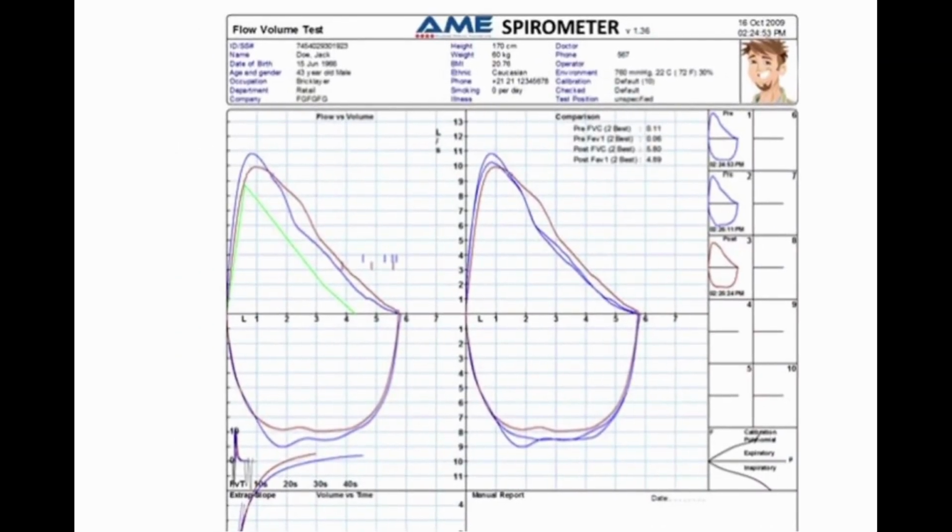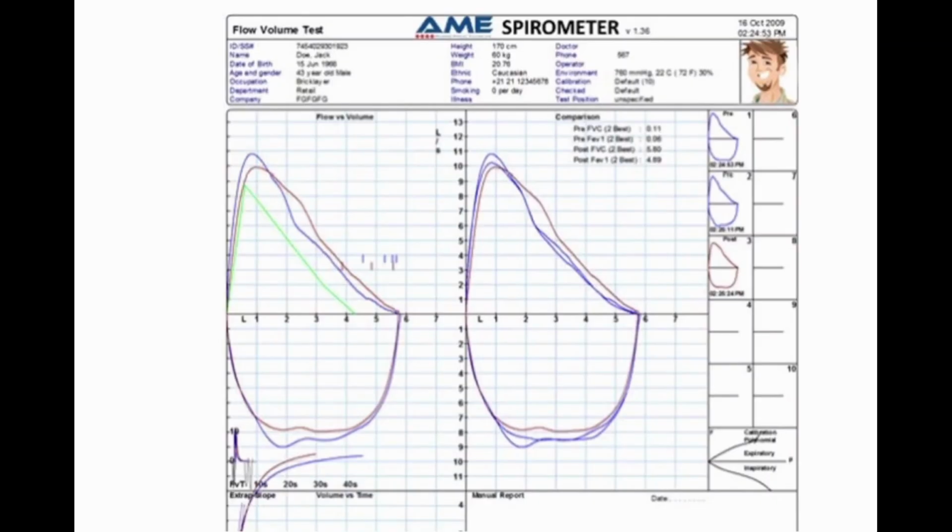The bottom part of the graph, you breathe in. Now we're at this point, we breathe in. Now, breathe out fast, as hard as you can, all that air out. And it'll make this type of graph. And what we want to know is how much air you are able to get out in 1 second.